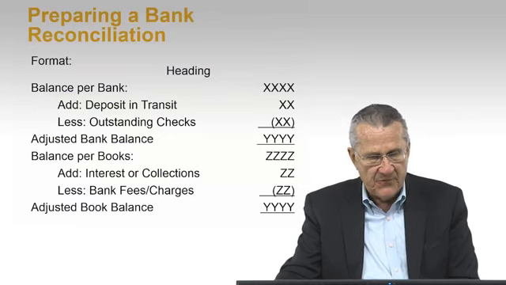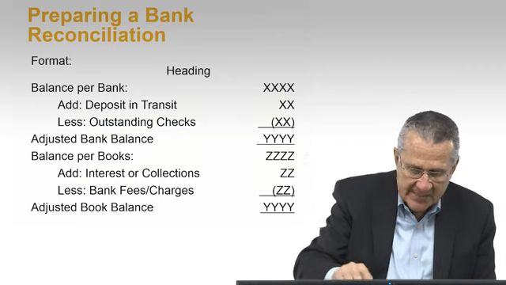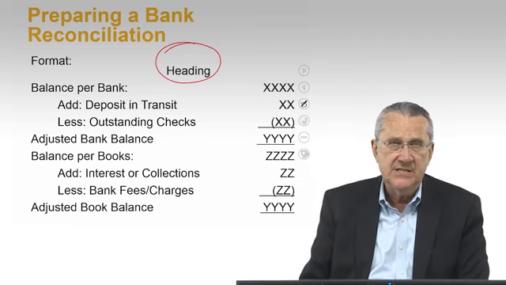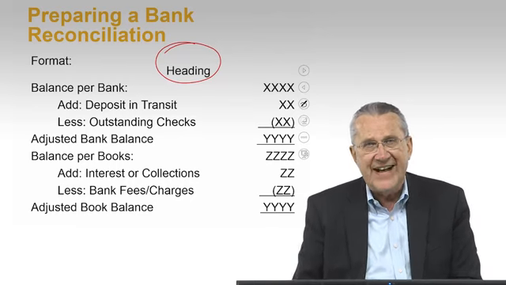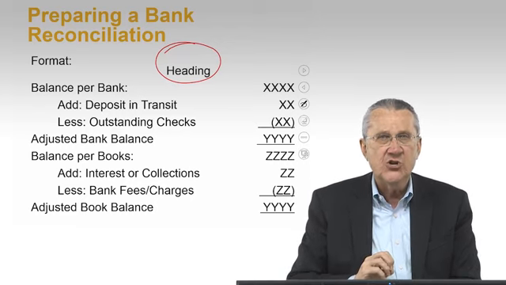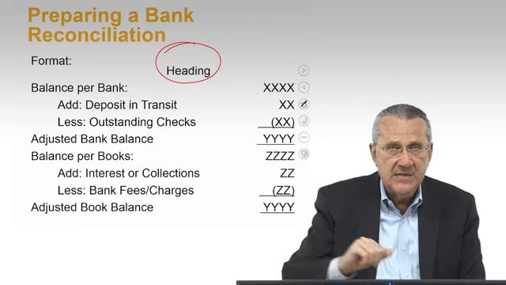This is what the format of a bank reconciliation looks like. It should, of course, have a heading. Now, again, this is not a financial statement that anybody else is going to see, but we're going to file these, and you want to be able to tell which reconciliation you're looking at with respect to the bank and with respect to the date.